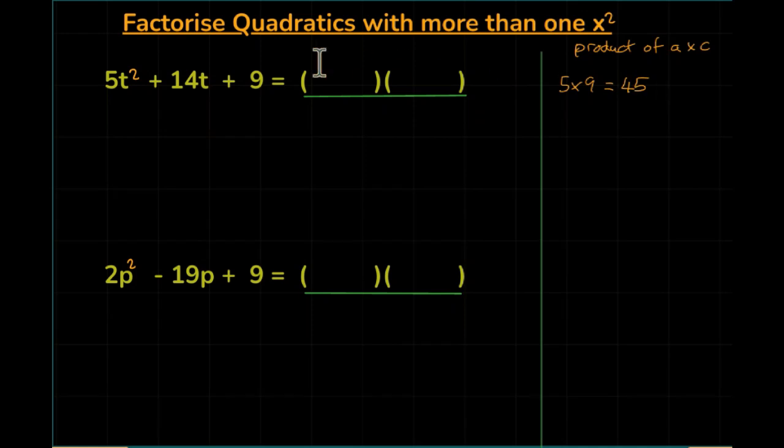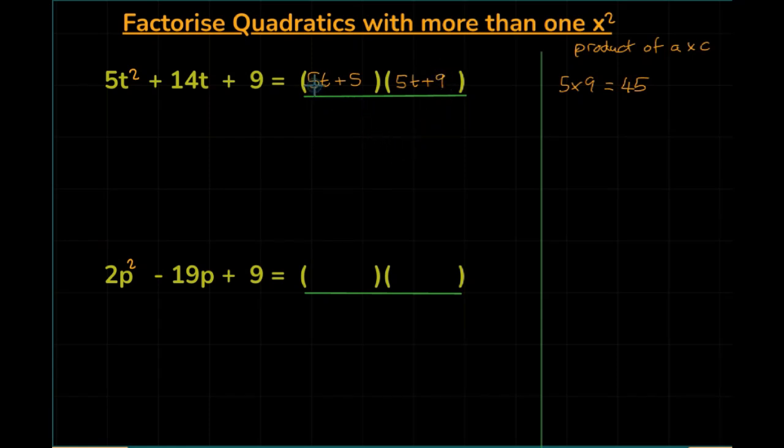Well, they've also got to add to 14. So 5 and 9 do give 14, so I can use 5 and 9. So in the brackets, I'm going to write 5t plus 5 and 5t plus 9.